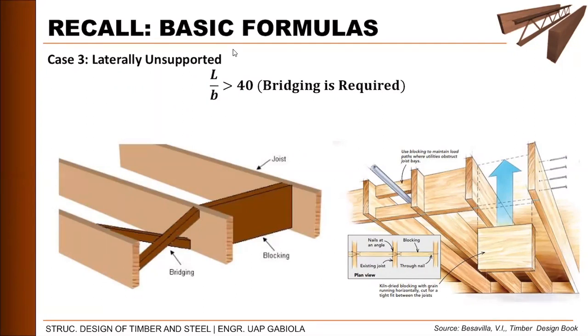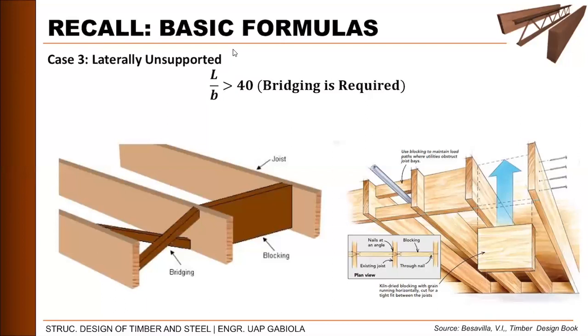But you need to evaluate whether you need to go with the 3 points or 4 points if it's more economical versus adjusting the cross section. So if it will be more economical to adjust your section, then you just adjust your section and not use bridging anymore.